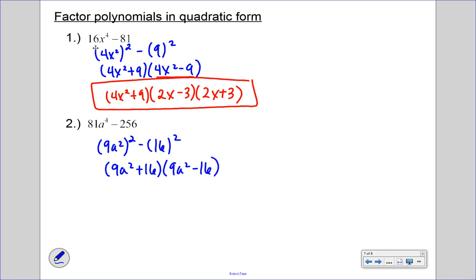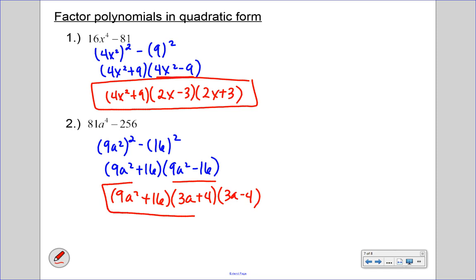Once again, we have the difference of two squares right here, so we can use that pattern again. Bring down the 9a squared plus 16, and then factor this one out, which is 3a plus 4 and 3a minus 4. And we've completely factored that polynomial.